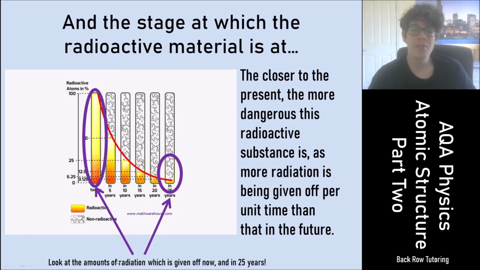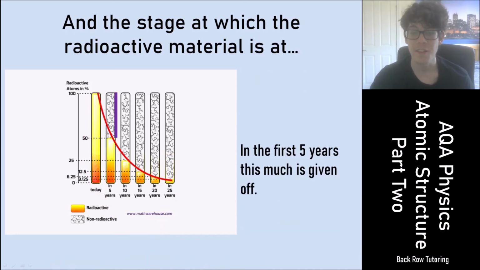So look at the amounts of radiation which is given off now and in 25 years. In the first 5 years, this much radiation is given off. So, in 5 years from now, half of the undecayed nuclei will have decayed, and that means half of the undecayed nuclei will have given off potentially dangerous radiation.